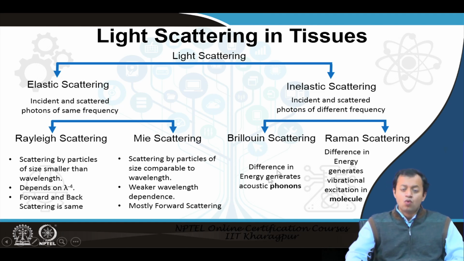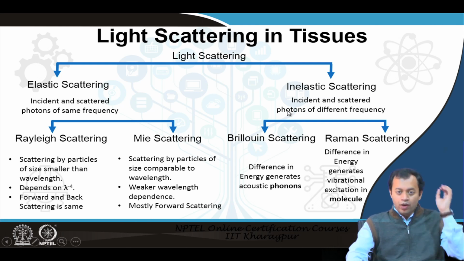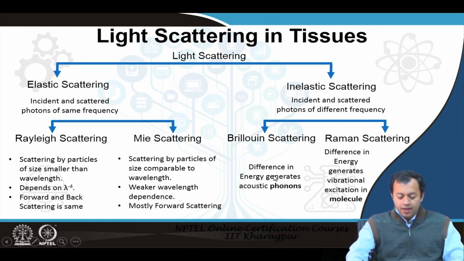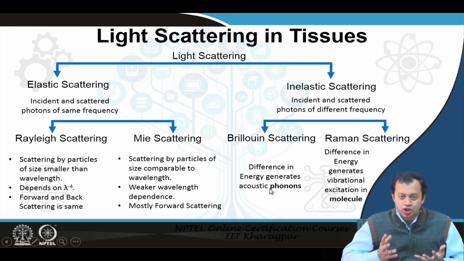The other one is Brillouin scattering. In Brillouin scattering, when a photon is hitting a particular material, not just tissue, any general material, phonons, which are basically vibrations, are generated.